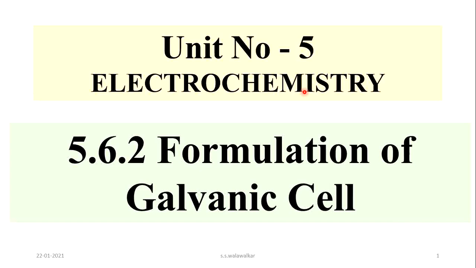And conventions for writing this short notation is nothing but formulation of galvanic cell, or it is also called as a representation of the cell. So let us see how any galvanic cell is represented and what are the conventions for writing the formulation or representation of galvanic cell.